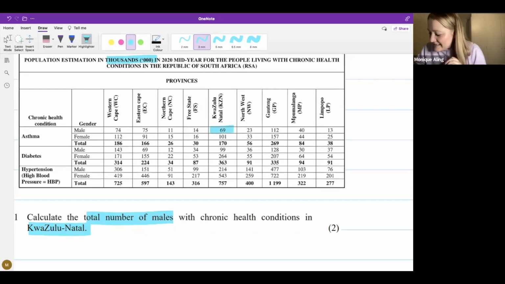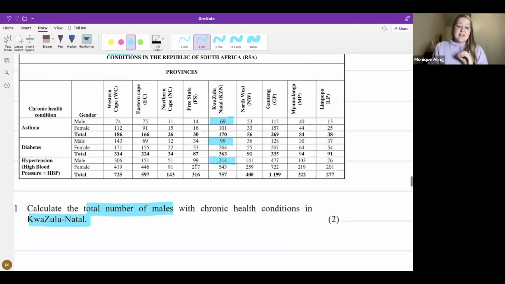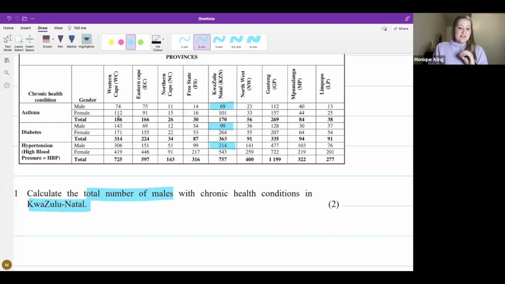So the first one, 69,000 have asthma, 99,000 have diabetes, and 214,000 males have hypertension. Okay, so you'd obviously show your working out.